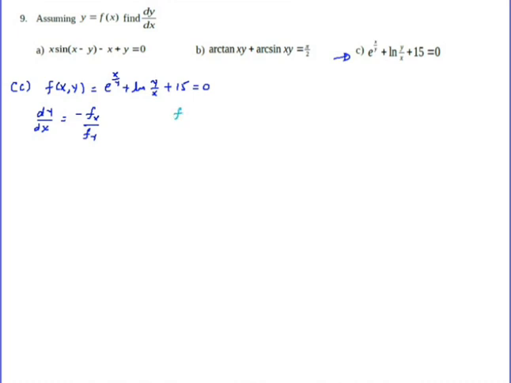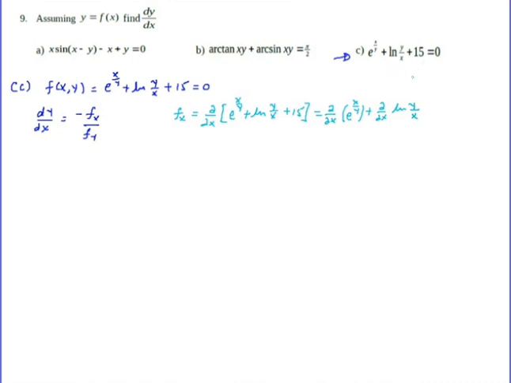What is the partial derivative of f with respect to x? The partial derivative of f with respect to x is this one. Okay, this is equivalent to the partial derivative of e to the power of x over y with respect to x plus the partial derivative of ln of y over x.